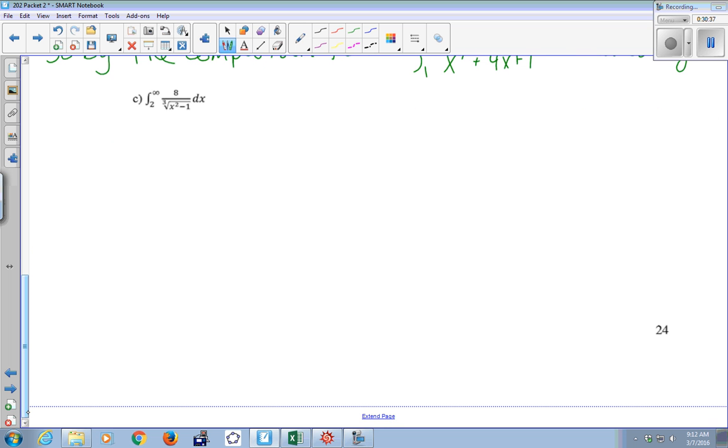All right, so let's look at this last one. Again, that 8 can just be pulled right out of the integral and it doesn't matter. The integral from 2 to infinity of 1 over the cube root of x squared minus 1 dx. I'm looking at my integrand, 1 over the cube root of x squared minus 1.